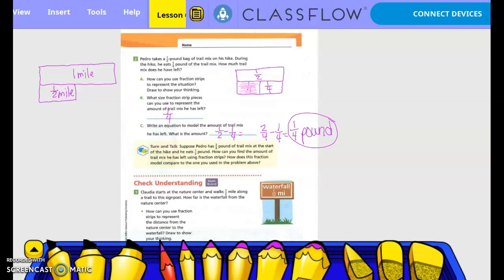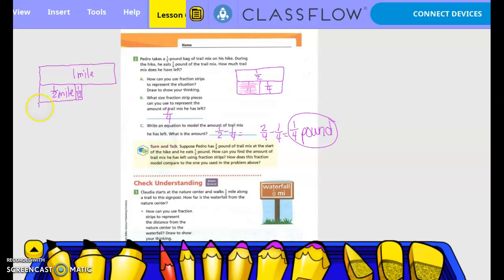Okay. Then, how far is the signpost? 1/12, right? Okay. So we need to add in that 1/12 here. Okay, so we need to know how far she's walked. Now, how many 1/12 size pieces go into 1/2? 6, right?